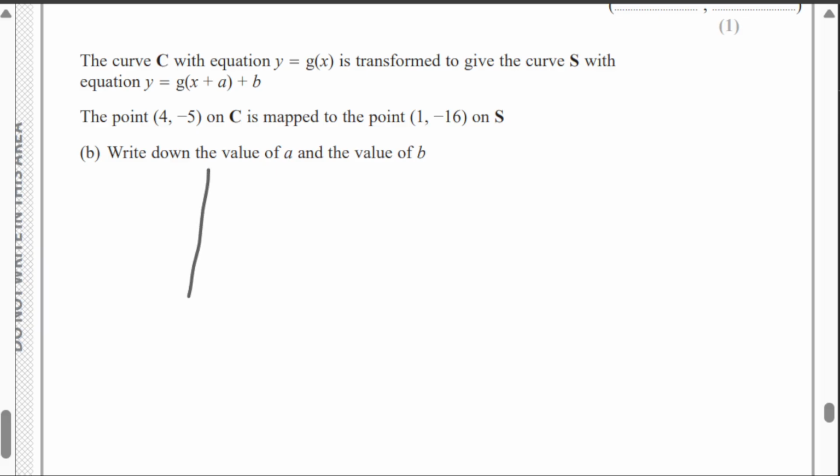Now let's draw x and y. There is some curve and the point 4 and -5 was here, isn't it? Yeah, let's assume this is 4 and -5.